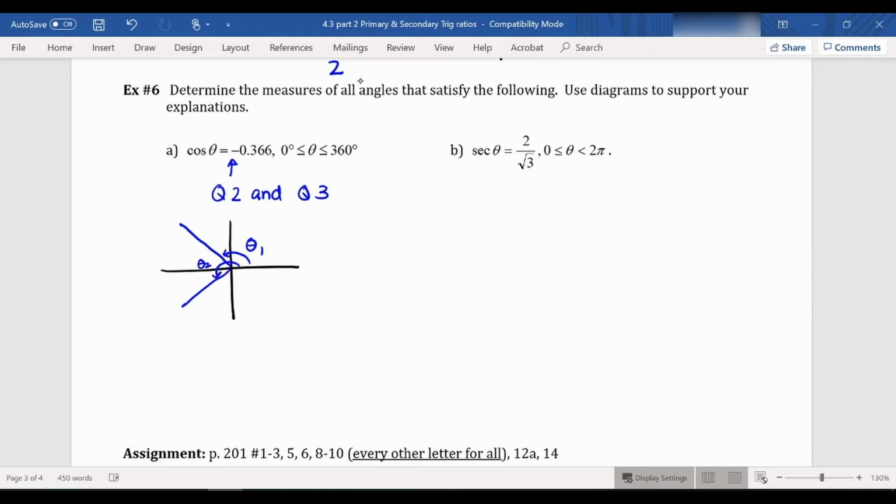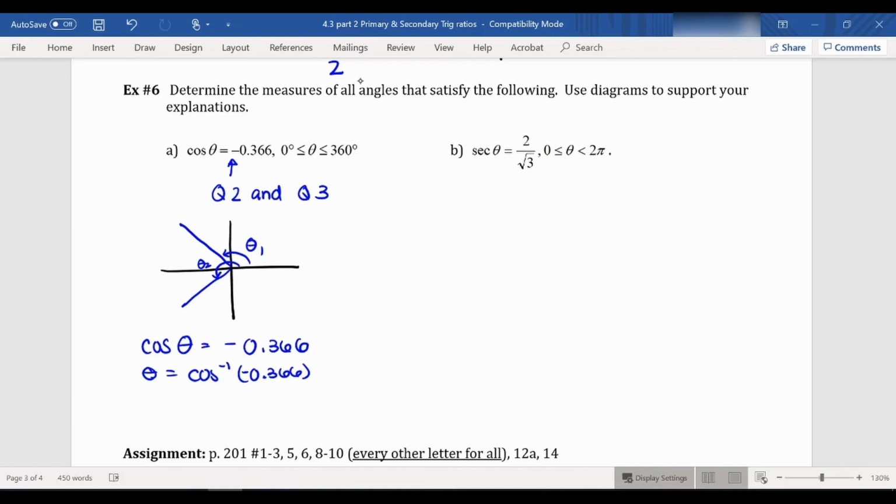So I need my reference angle in order to do that. If cosine is equal to negative 0.366, the inverse of cosine will give me theta. Now again, when we do this, we're going to get a funny angle here, because we've got negative 0.366.